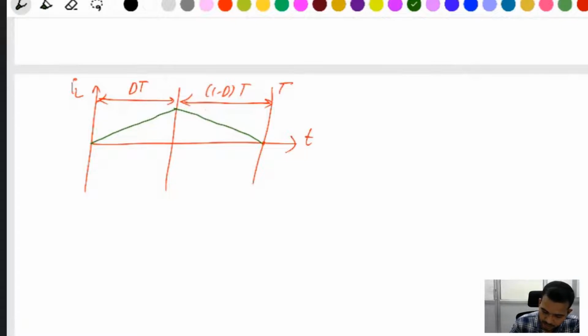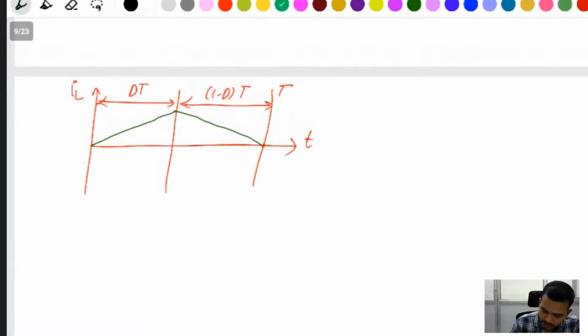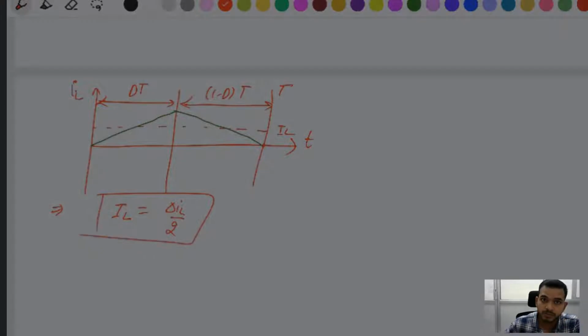For the boundary condition, see here for the average inductor current, this one IL. For the boundary condition, IL is equal to delta IL by 2.